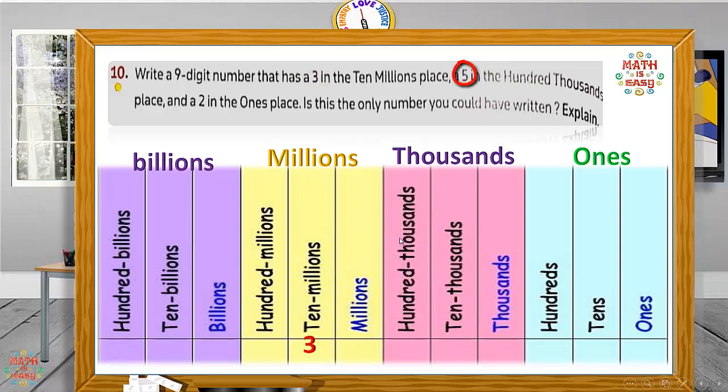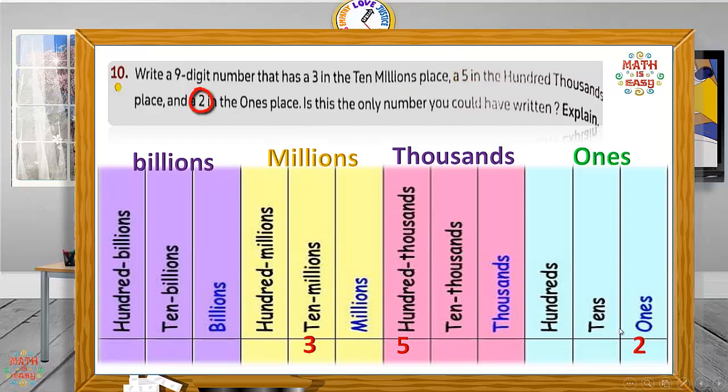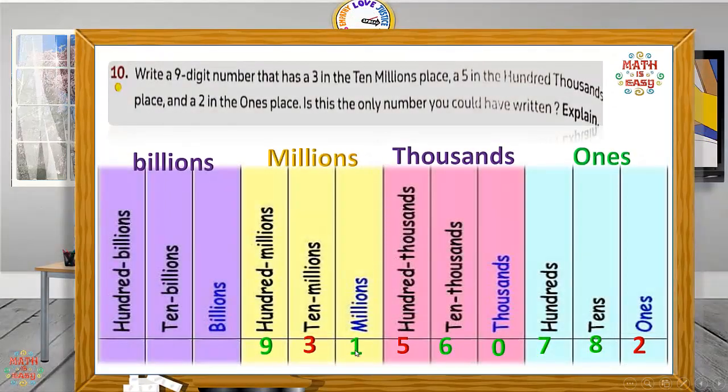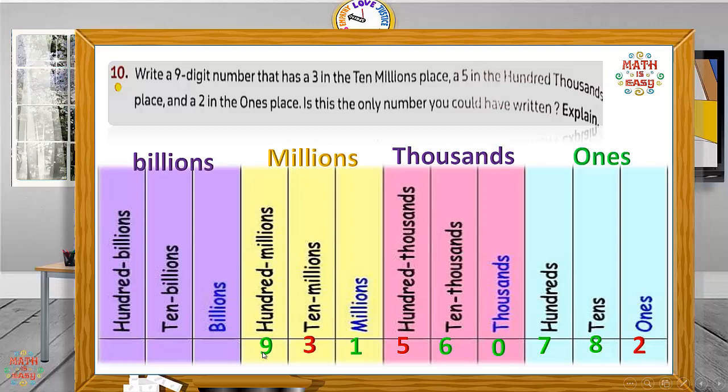Where is the 100,000s? Here. You should write 5. And 2 in the ones place. After that, as you like, you can write any digits. Here I write 8, 7, 0, 6, 1, 9. You can write different digits here.